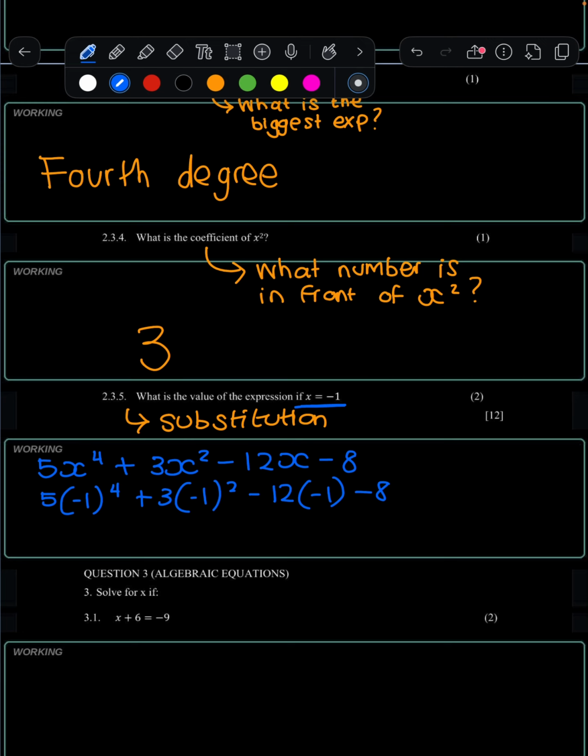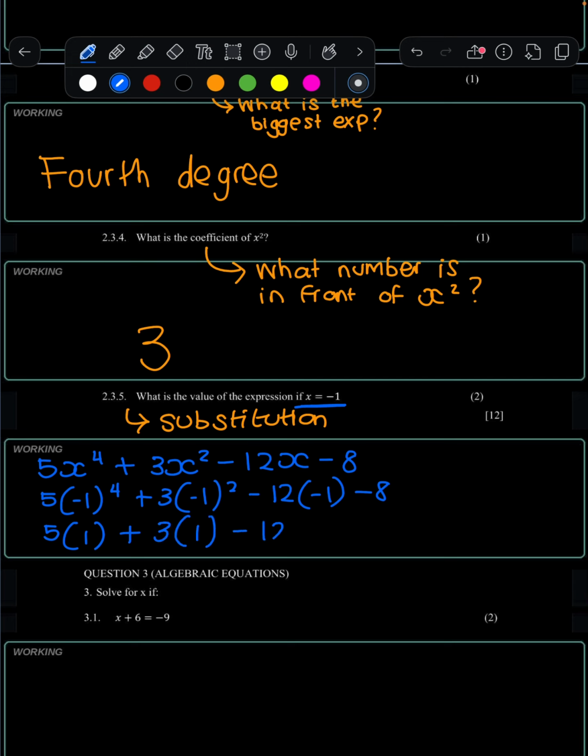So minus 1 to the power of 4 means we have basically minus 1 times minus 1 times minus 1 times minus 1. It's just going to be 1. So what we essentially have is 5 times 1. Minus 1 squared is just 1, so 3 times 1.